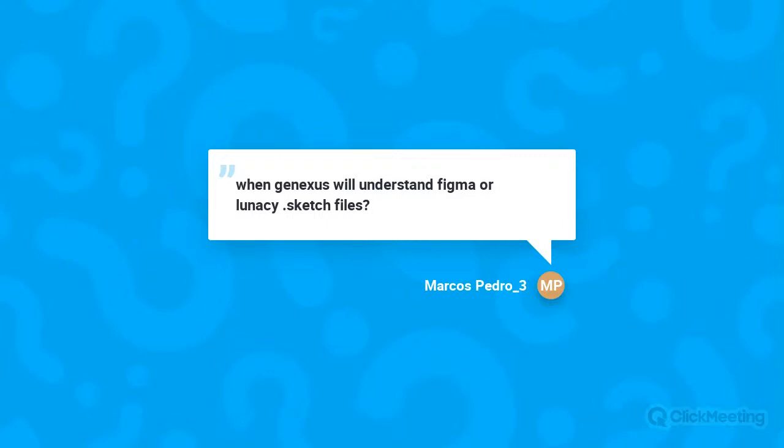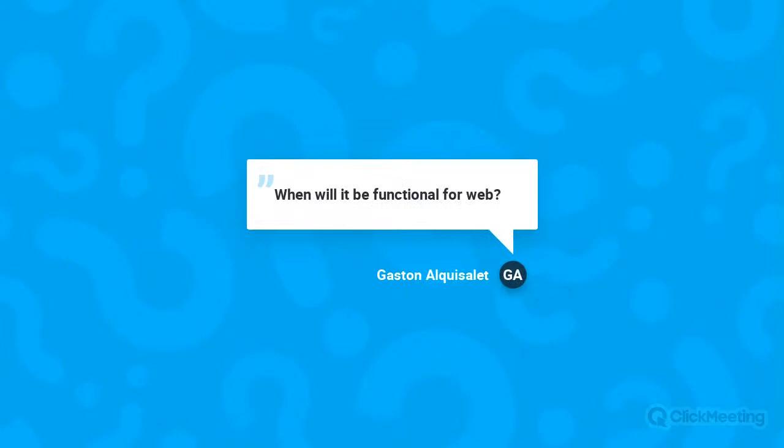Good. Thanks for that, Mauro. Let's go to the next one. This one is from Gaston. Gaston, thanks very much for joining us and for your question. When will it be functional for web? Okay. Sorry, Mauro. In the beta version, you have the function of importing from Sketch and generating the web panels also available.